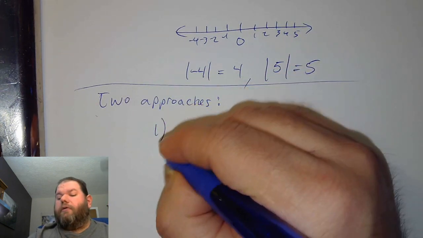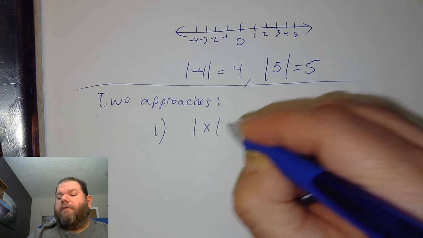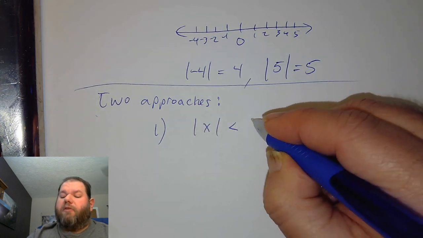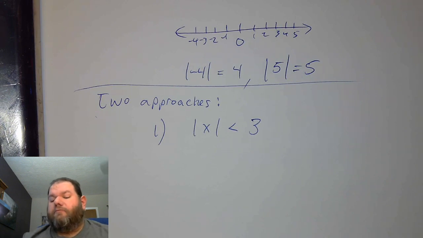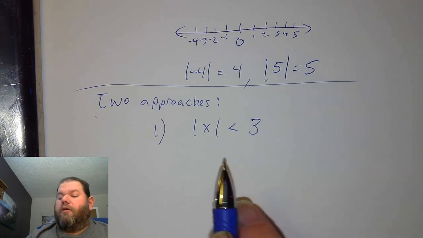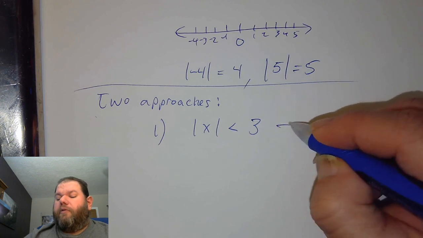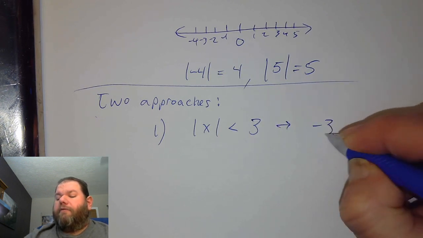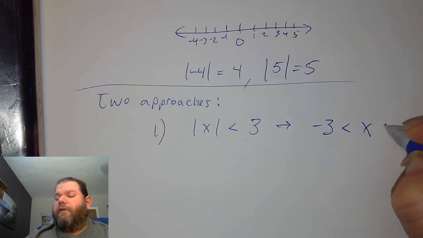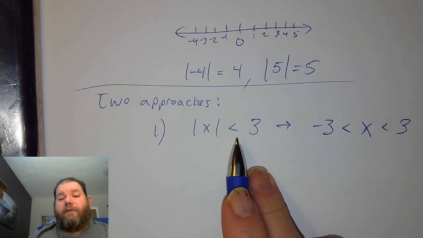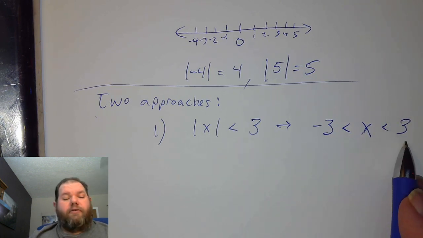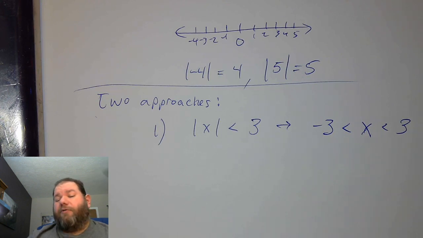First, if the absolute value of x is less than 3, for instance, in this case it means negative 3 is less than x is less than positive 3. So if we have a less than sign, it turns it into a compound inequality.